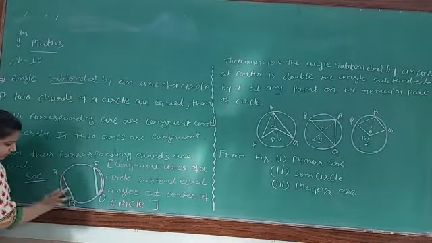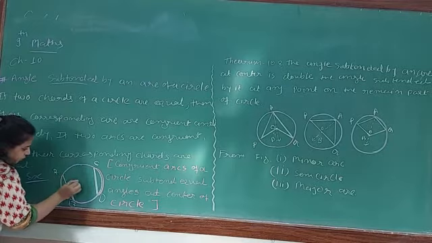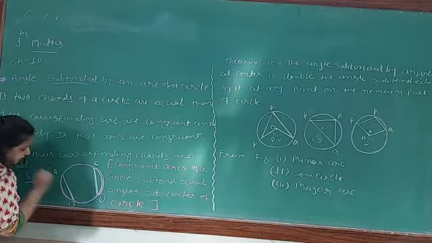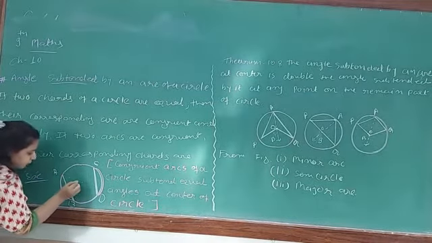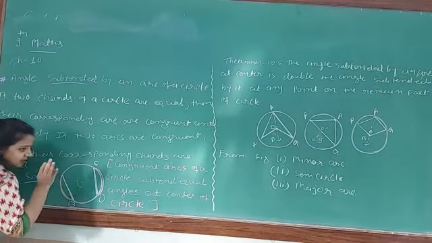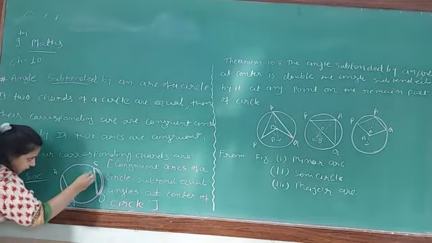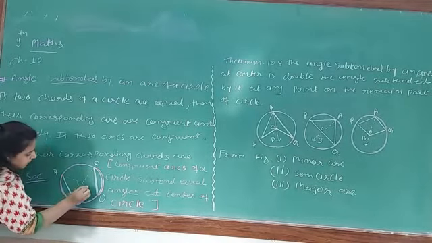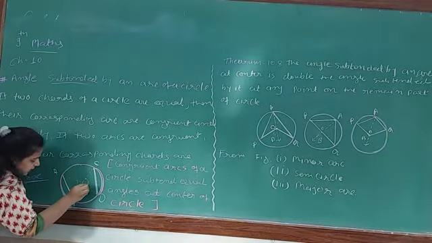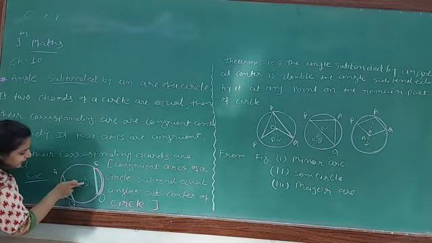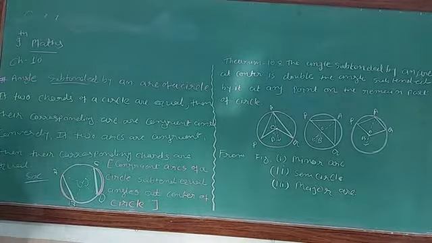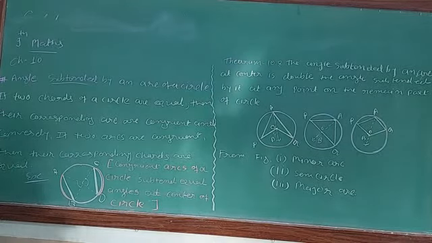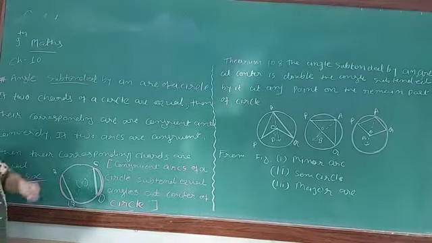Suppose this is a chord, and if they form a triangle, the angle formed at the center will always be equal. That we have to accept. No need to prove that. Okay.